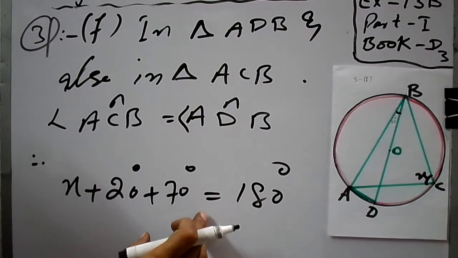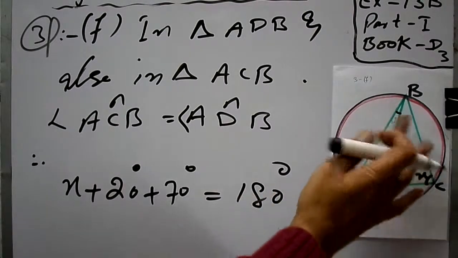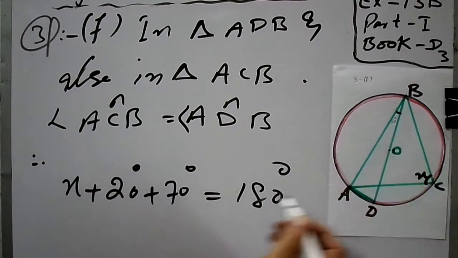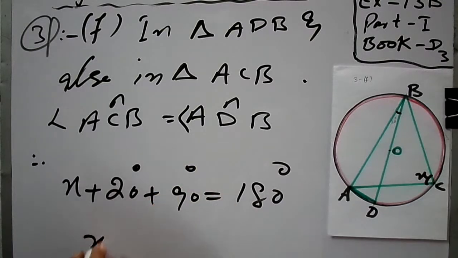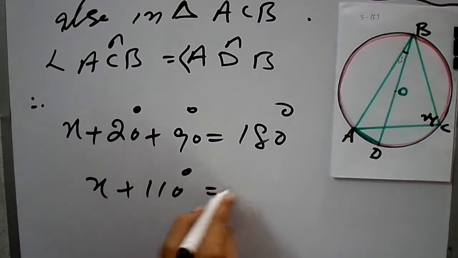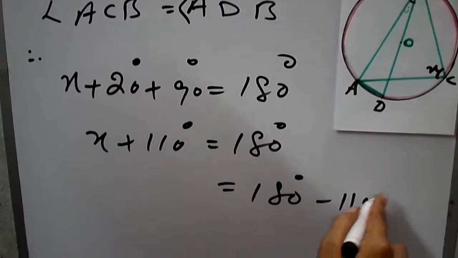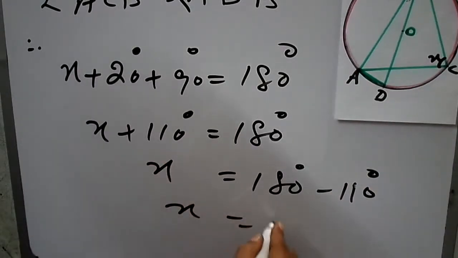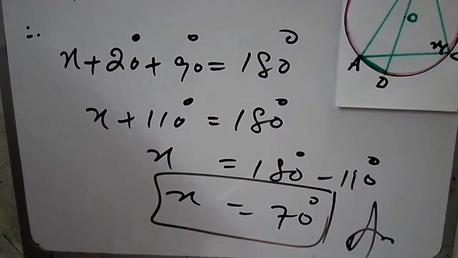So you will get 90, 100, 110 degree, which must be subtracted from 180 degree. The sum of interior angles must be equal to 180 degree, so 180 degree minus 110 degree, so the value of x is 70 degree. So here is your result.